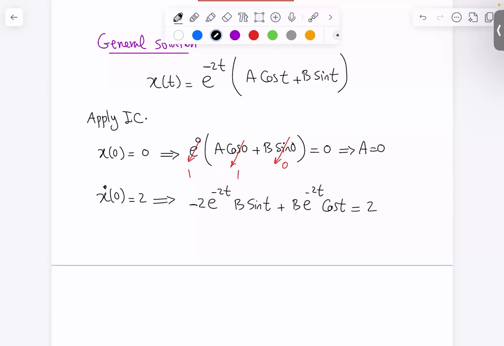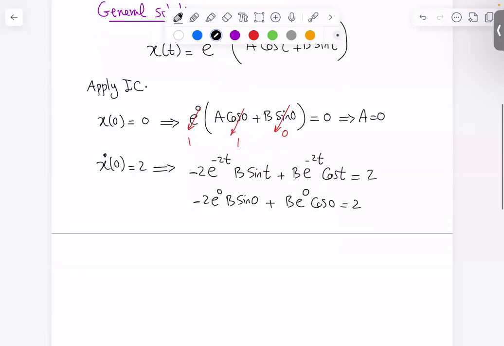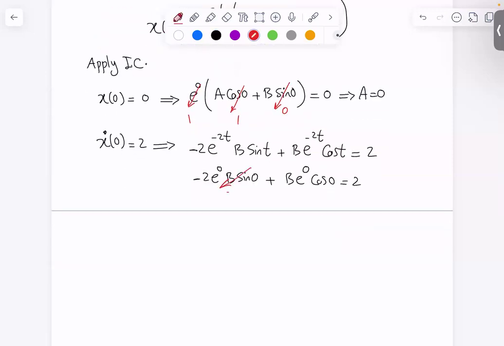So if I plug in 0, I'm going to get negative 2 e to the 0, b sine 0, so this will be 0, plus b e to the 0 cosine 0 is 2. Right, so this term is 0, this is 1, this is 1, and that gives me b is equal to 2.